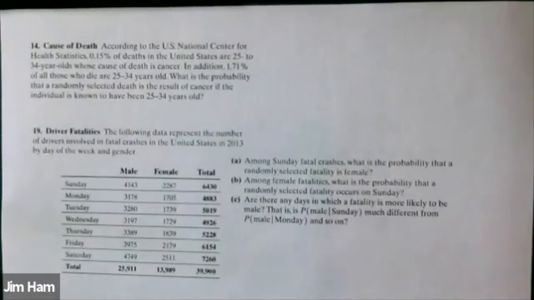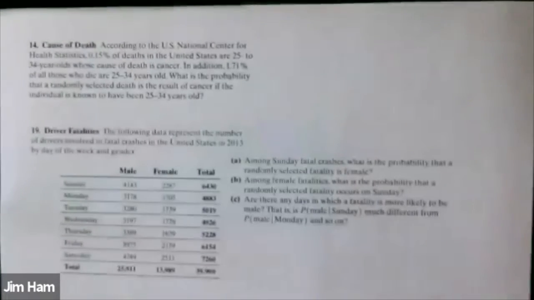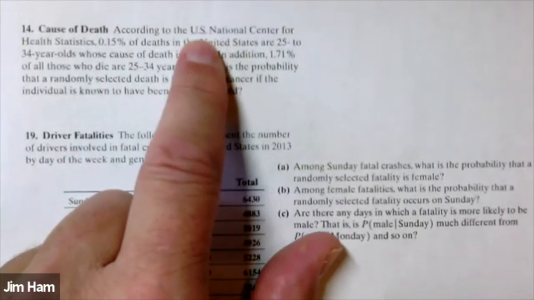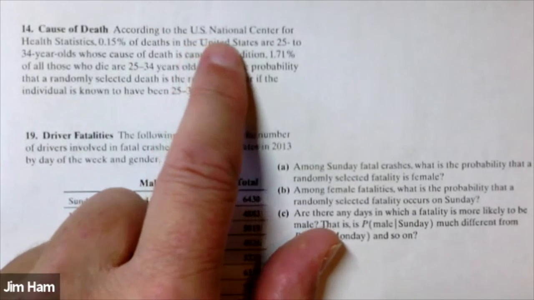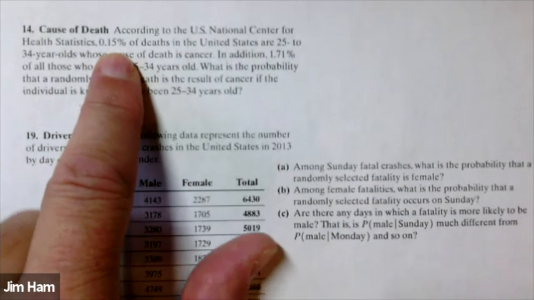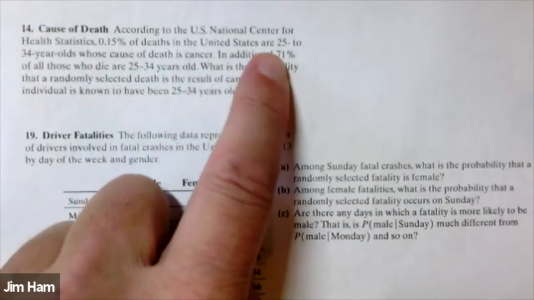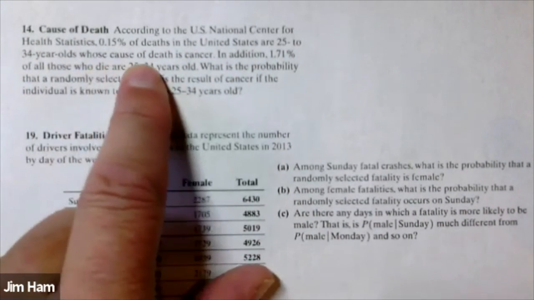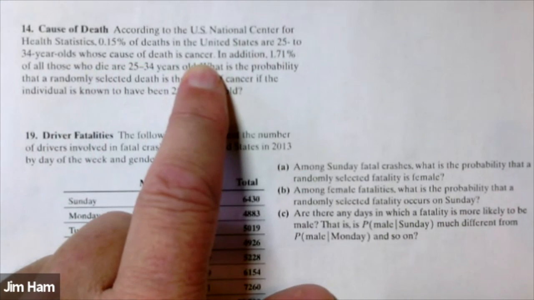All right, so let's look at a couple of examples here, some applied examples. Cause of death. According to the United States National Center for Health Statistics, 0.15% of deaths in the US are to young people between the ages of 25 and 34, whose cause of death is cancer.